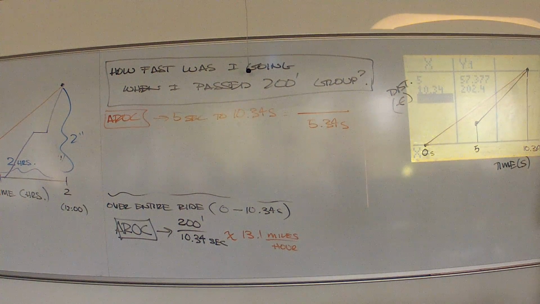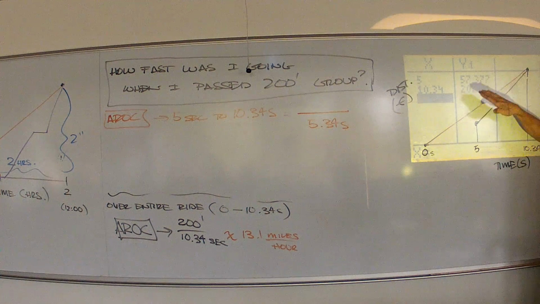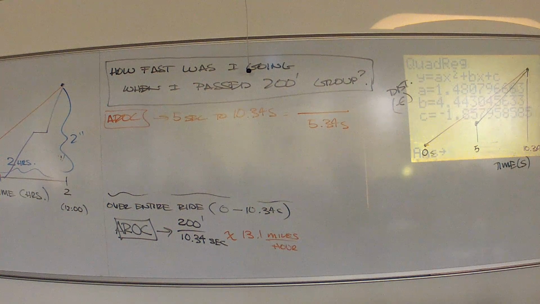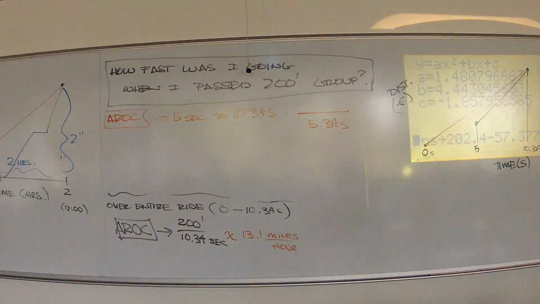So how much distance did I cover between 5 and 10.34 seconds? What would I have to do with those numbers? Just subtract them. If you start at this distance and end at this distance, the distance between is the total amount of distance covered. So we take 202.4 minus 57.377.